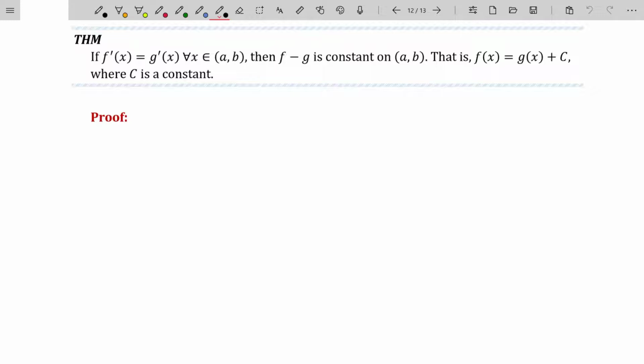Okay, I don't even really truthfully need to prove that, because if I told you f prime is equal to g prime on an interval, then you could say, well, let h equal f minus g.